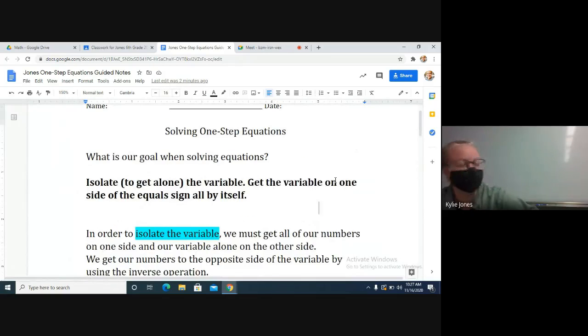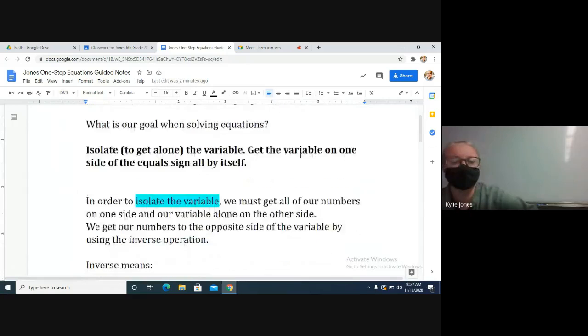All right. So this next part says that in order to isolate the variable, to get it all alone, we must get all of our numbers, the constants, the numbers by themselves, onto one side of the equal sign, and then our variable all alone on the other side.